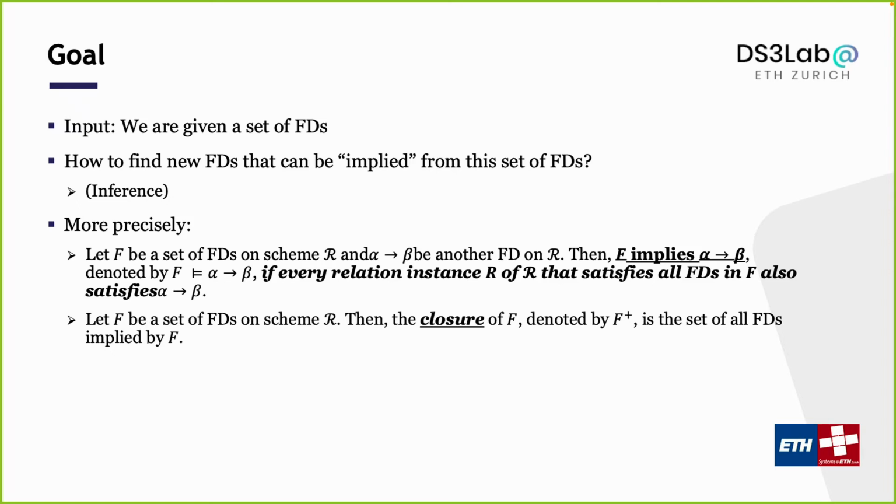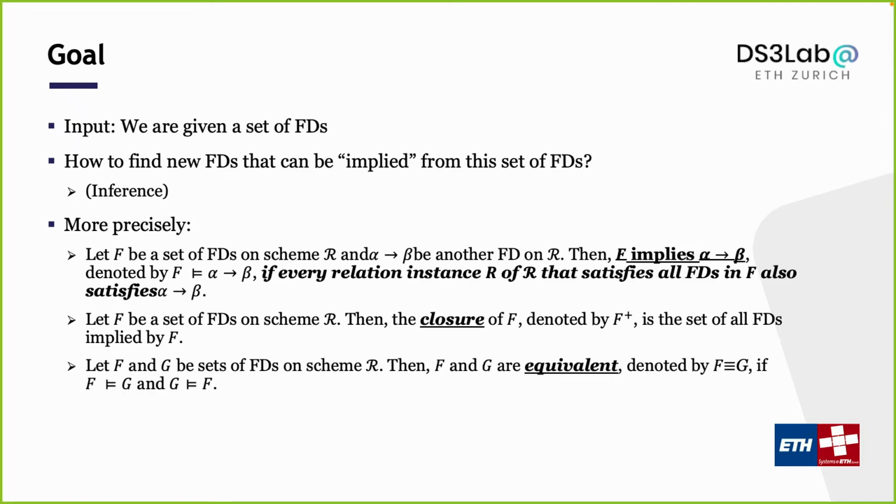You have f, and this is all the other functional dependencies implied by your input f. And if you have two different sets of functional dependencies, for example f and g, we can also define their relationship. We say they are equivalent if and only if two things hold: f implies g and g implies f. Make sense?